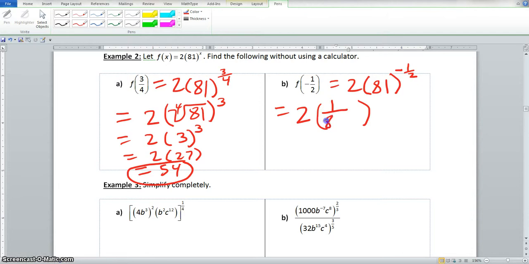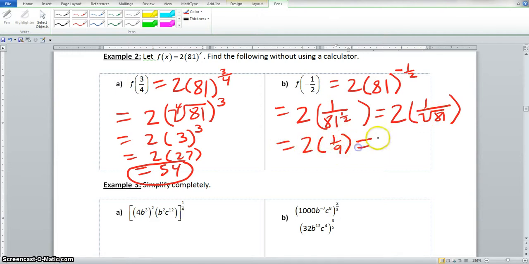This would become 1 over 81 to the 1/2 power, which is equal to 2 times 1 over the square root of 81. Now we know the square root of 81 is 9, so we have 2 times 1/9, which will leave us 2/9. And that is our final answer.